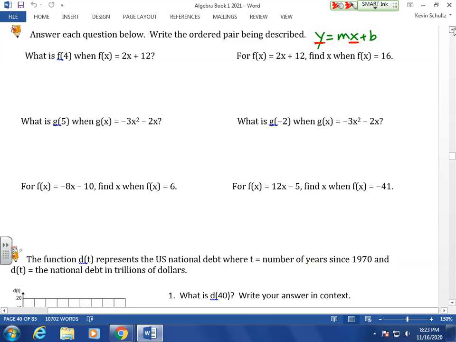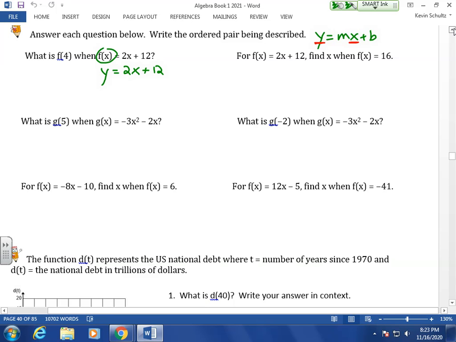And in this first one, what is f of 4 when f of x equals 2x plus 12? All this f of x is saying is that in this equation, y is a function of x, meaning you're going to plug in x and the output is going to be y. So you can rewrite this as simply y equals 2x plus 12.